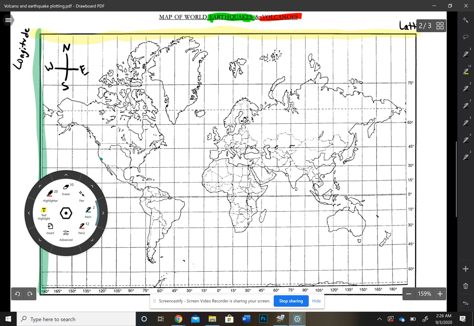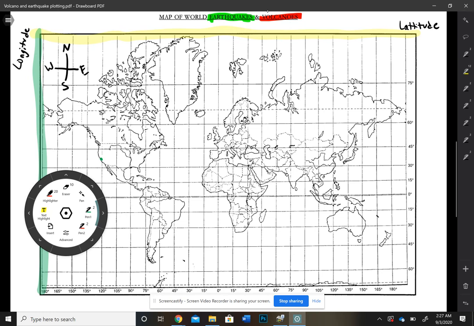Okay. 5 south, 110 east. 5 south, so that's like right here. 110 east.